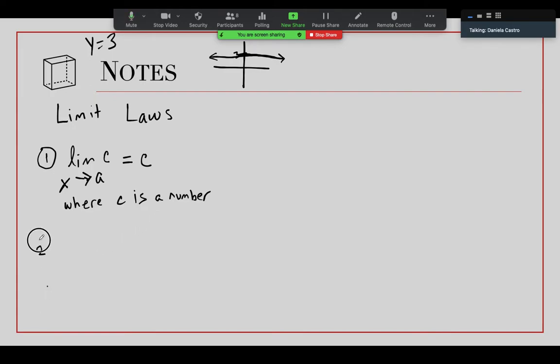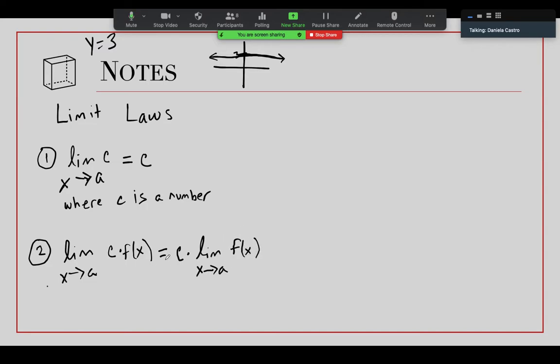Okay, so 2, let's look at the limit as x approaches a for c times f of x is going to equal c times the limit as x approaches a for f of x.